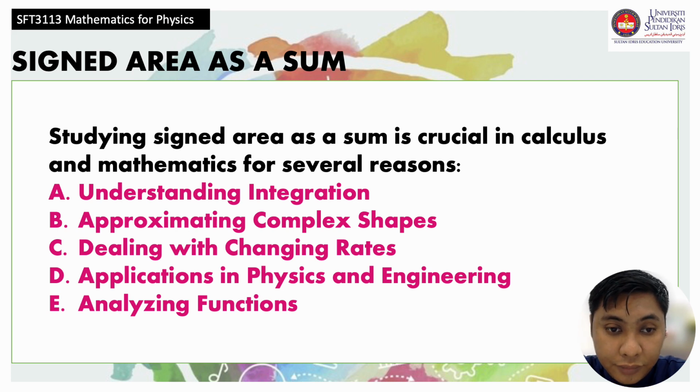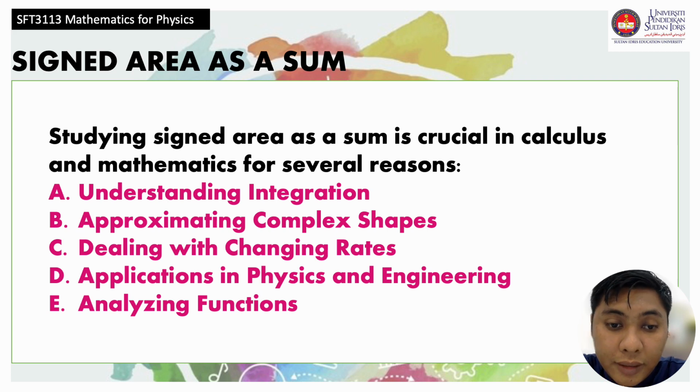Then we want to deal with changing rates. In the previous chapter on the derivative, we calculated changing rates. Now we want to analyze the changing rate in the reverse direction, the reverse math. The signed area as a sum also has applications in physics, engineering and science.